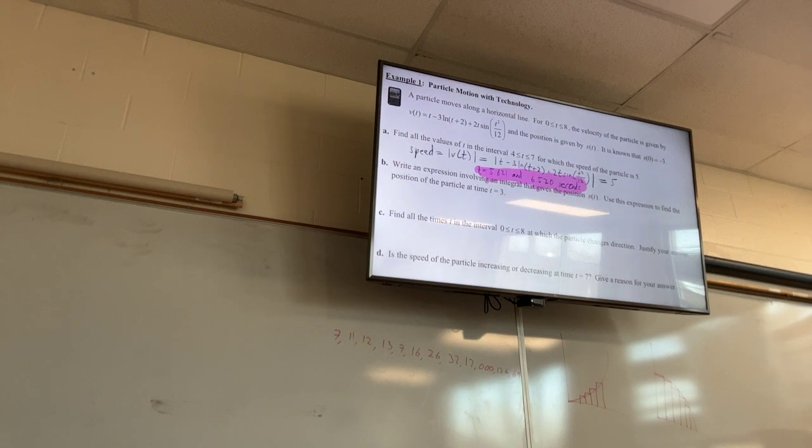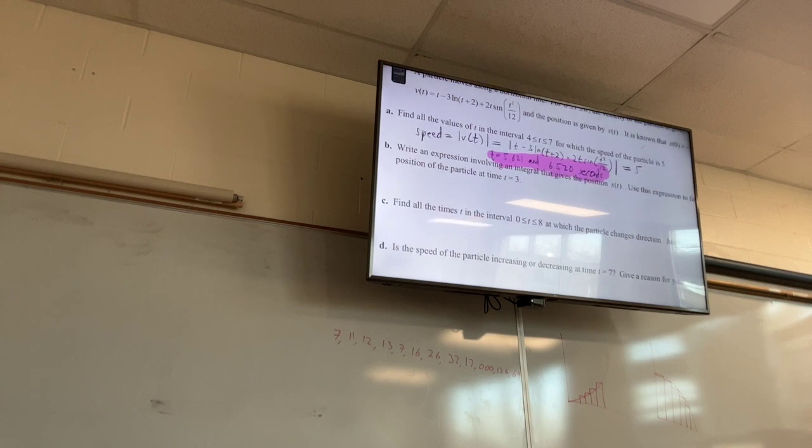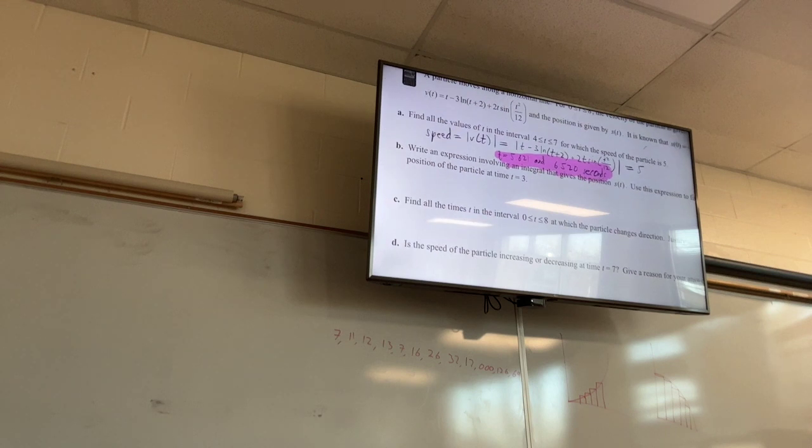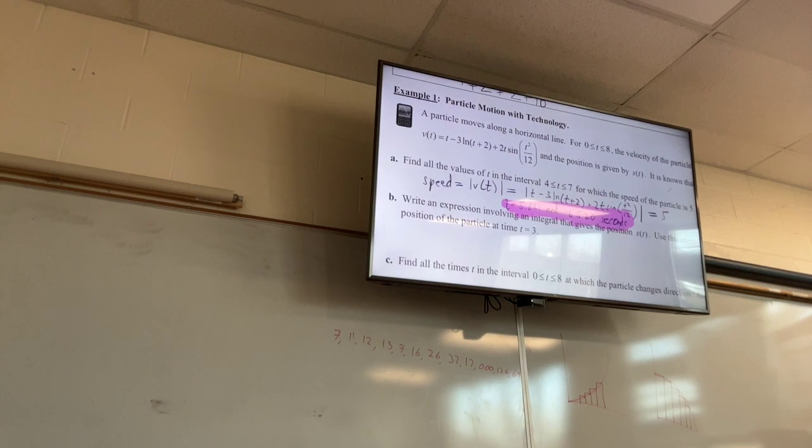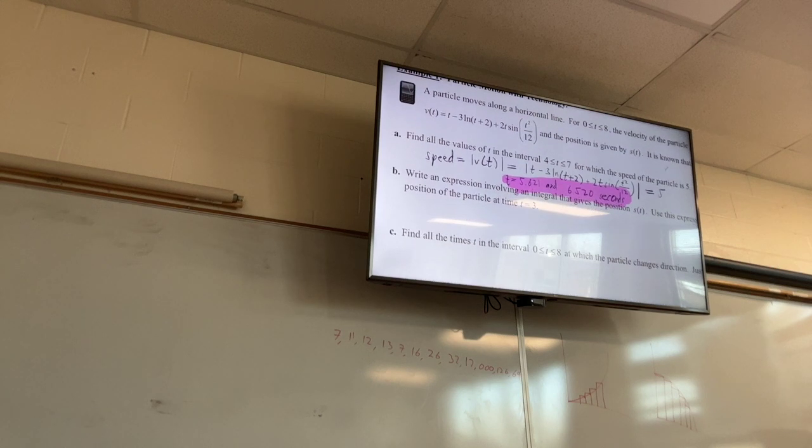So then for part B, what are we going to do? How do we find s of t from the velocity? S of t is just going to be the integral of the velocity. So v of t1, I'm going to use a dummy variable called t1.